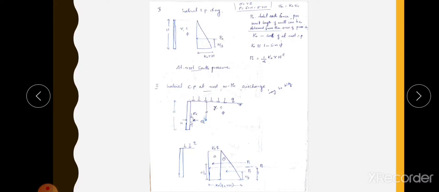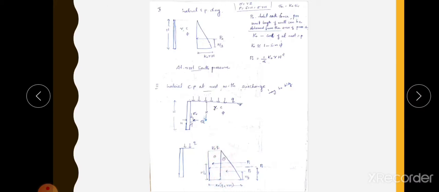At every elevation, this lateral earth pressure is k naught into q, which is due to the surcharge. So this variation is a rectangle. Since it is the same at every point, this value is k naught into q. Is it clear? So the first diagram for the surcharge weight is a rectangle.